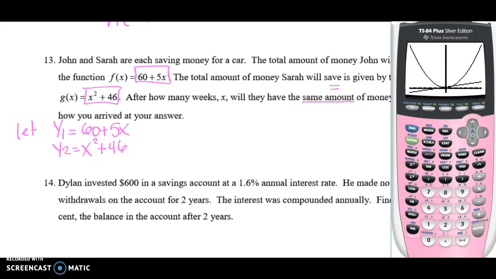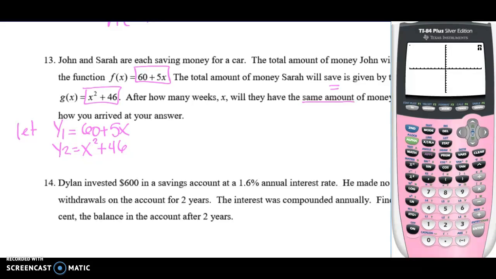So now I've got to go figure out where this is, and I'm going to go back to the standard zoom, which is zoom 6. And because of the values of this, I'm not being able to actually see it on my graph. So I'm going to try, without having to do a lot of manipulation of the window, the table.